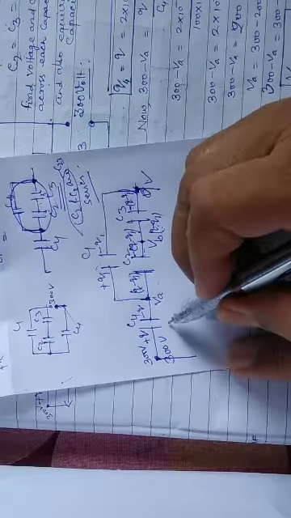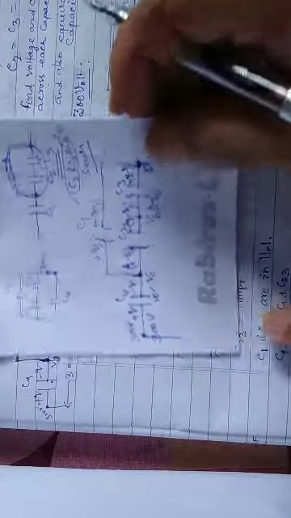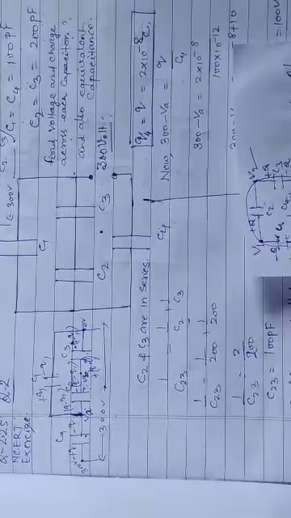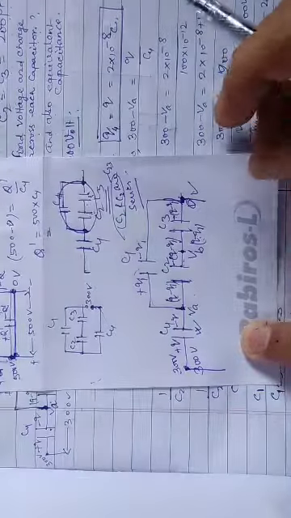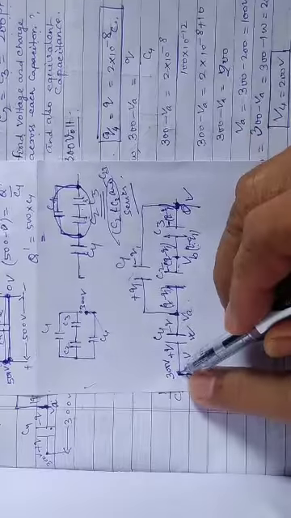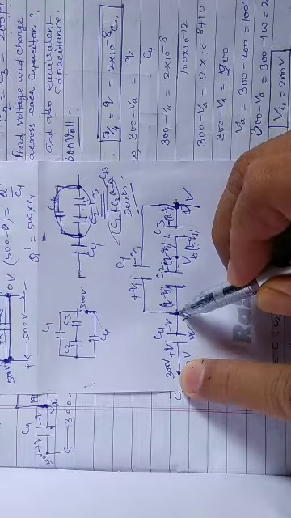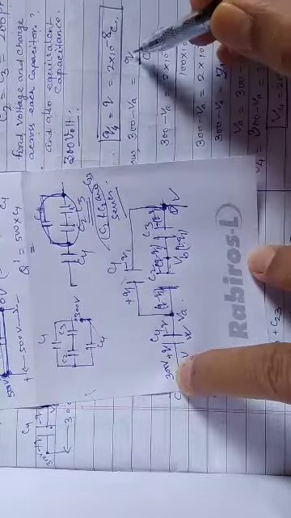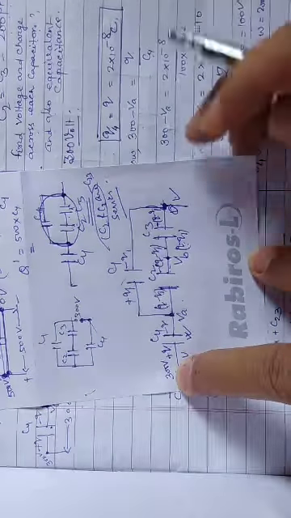Now for C4 we can write 300 minus VA is equal to Q by C4.